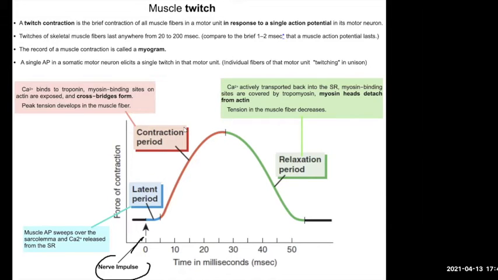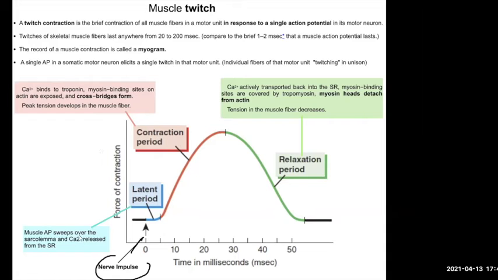It's like bam. And then you get the process of the contraction and relaxation, which is much slower. So if this is 1 to 2 milliseconds, this twitch is going to be much longer, depending on what type of muscle fiber, which we'll talk about later.